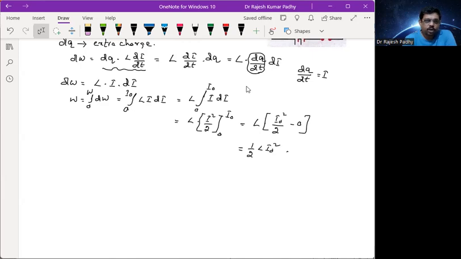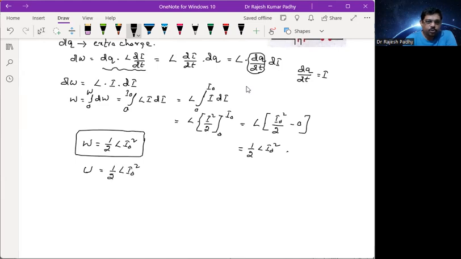Therefore, the total work done when the current increases from 0 to I0 is half L I0 square. Now, this is the work done, and this work is stored as energy inside the inductor. Therefore, the energy stored in the inductor, U, equals half L I0 square.